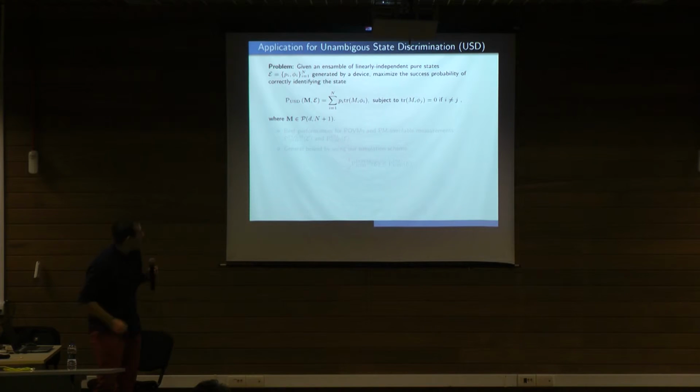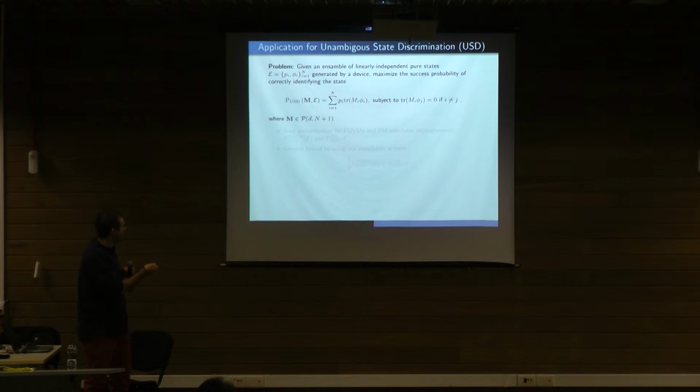Now, application to ambiguous state discrimination. This is the task when one is asked to discriminate states generated by some ensemble of quantum states in a manner that you cannot come up with false positive answers, in the sense that measurement effects corresponding to the answer i should have overlap 0 with the state psi j.